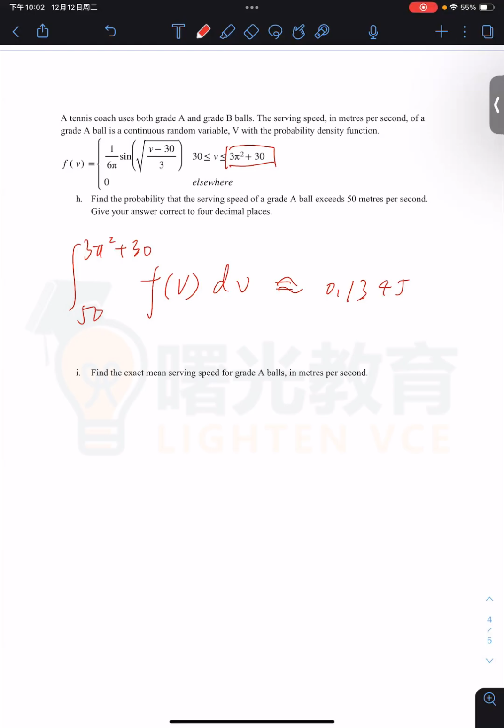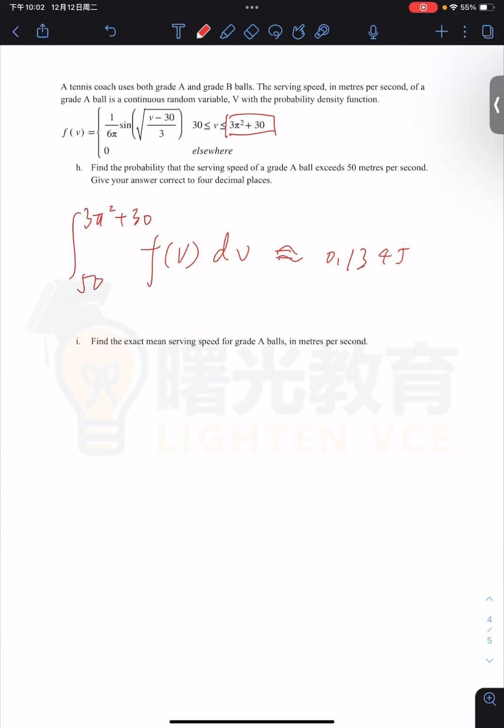Next, find the exact mean serving speed, all right? If we're looking for the exact value, we cannot round. So if your CAS is set to floating decimal places, you had better correct it to the exact value, in meters per second.